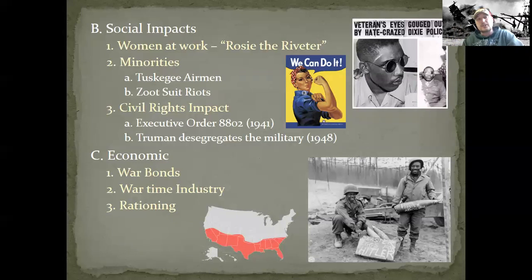The final section I want to discuss today is the economic impact, and again, this focus on what's happening here at home. War bonds. One big difference between the United States and the rest of the world, really, is the vast amount of capital, of money that we have in the United States.